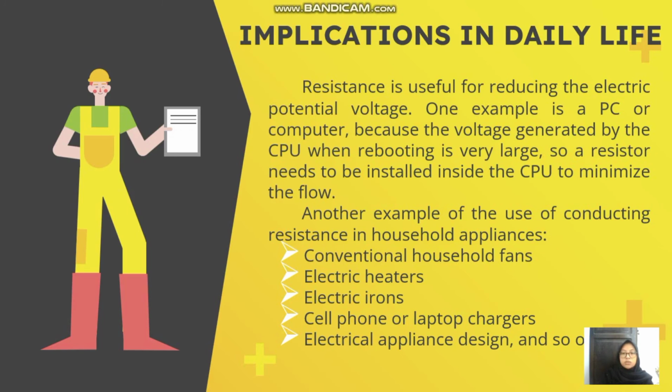And then another example of the use of conducting resistance in household applications. The first, conventional household fans, and then electric heaters, electric irons, cell phone or laptop chargers, and then electrical application design, and so on.